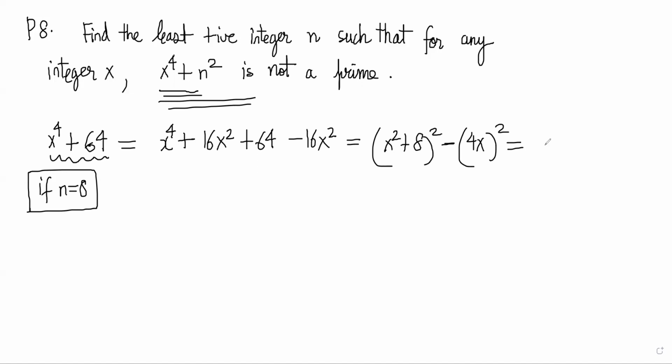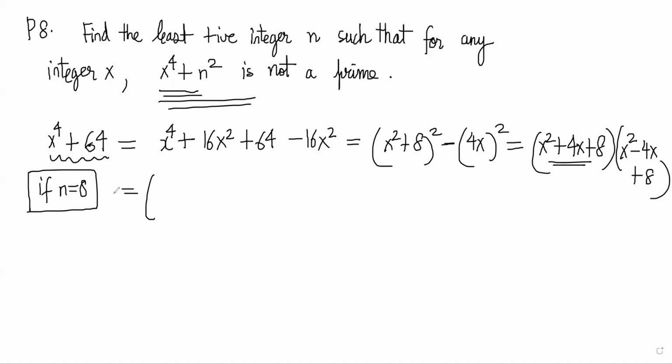So that can be factorized now with x square plus 4x plus 8 multiplied by x square minus 4x plus 8. And even the inner terms here, you can understand by thinking of it as x plus 2 whole square plus 4, and the other term is x minus 2 whole square plus 4.